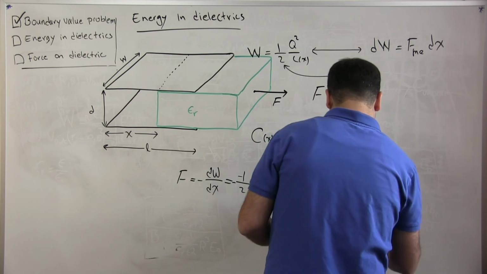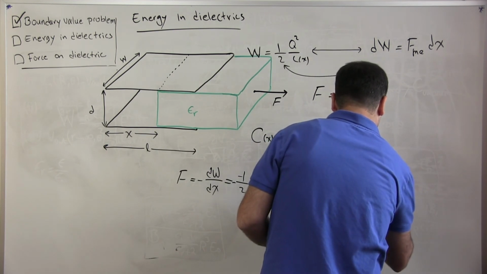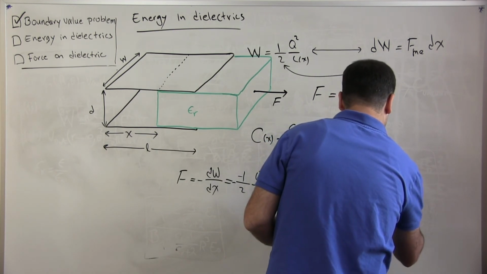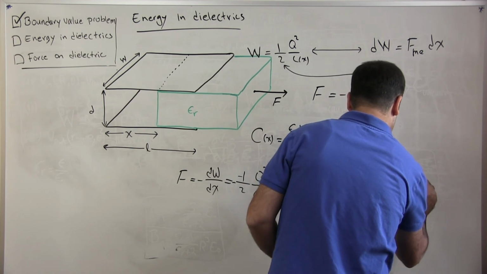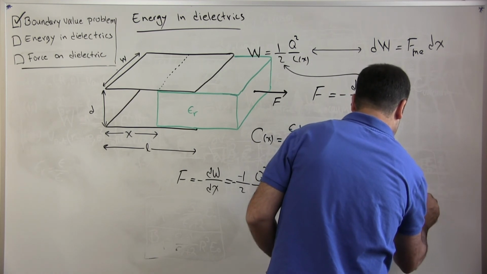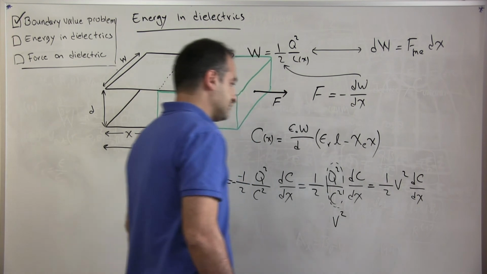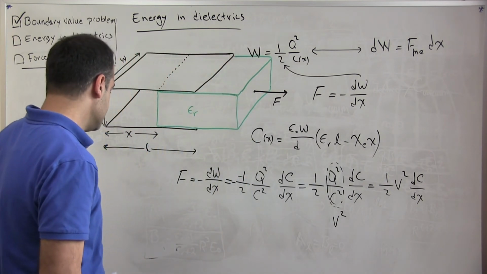And this combination, Q squared over C squared, is actually voltage to the power of 2. Okay, and we can write it in terms of 1/2 V squared dC over dx. Sounds good?